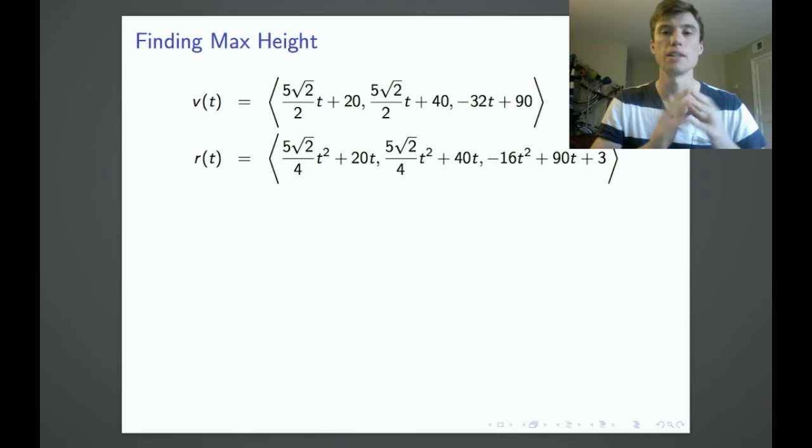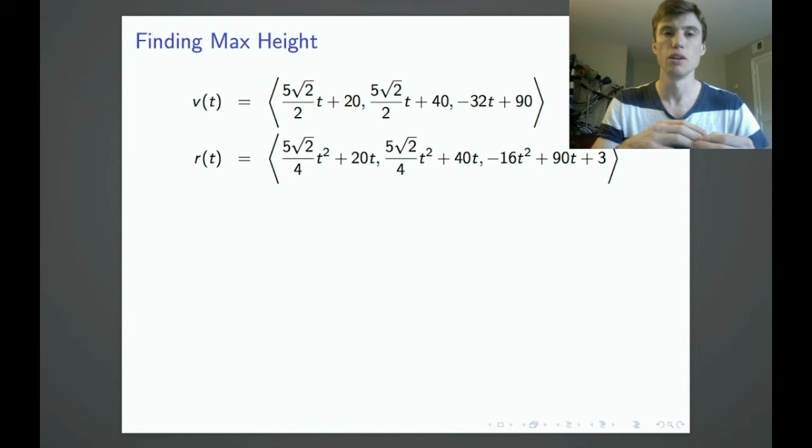The maximum height is found when the z-coordinate of the position function obtains its maximum value. Recall the theory from Calculus 1. A function obtains its maximum value when its derivative has a 0. And we know it's a maximum if its second derivative is negative.